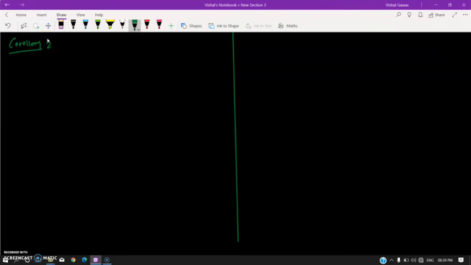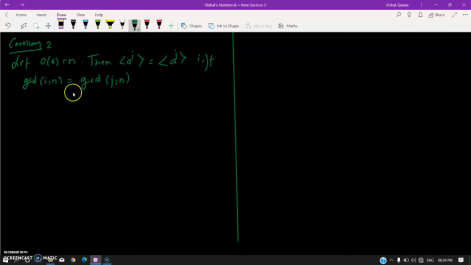What it says is, suppose I have a, so let the order of a be equal to n. Then a raised to i would generate the same group as a raised to j, right? If and only if the GCD of i with n is the same as the GCD of j with n, right? The same ideas, right?